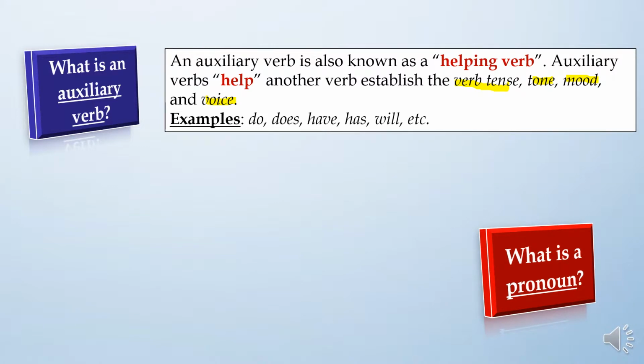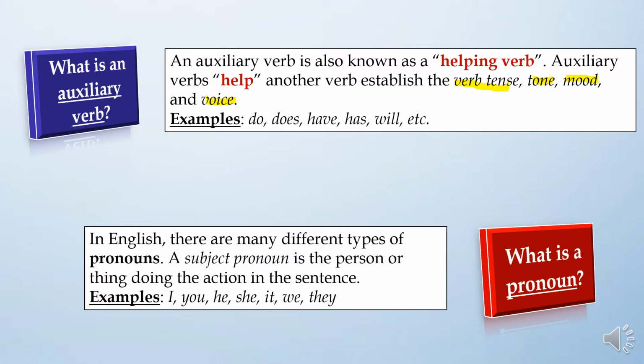Next you need to know what is a pronoun. In English there are many different types of pronouns. A subject pronoun is the person or thing doing the action in the sentence. So, for example, I, you, he, she, it, we, and they.